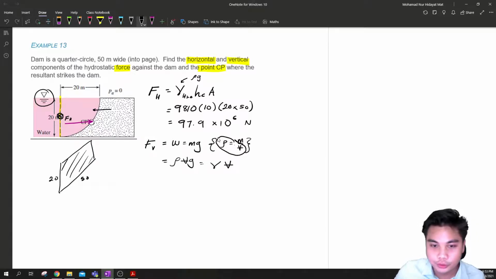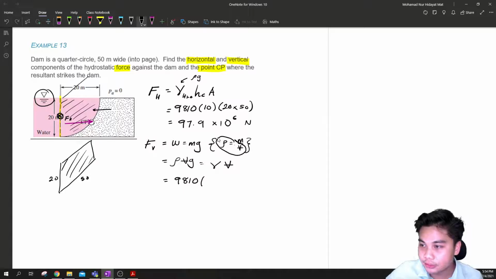So for this case, gamma of water, which is 9810, multiplied by the volume of this. We need to consider this is just a quarter circle and it is into the page.